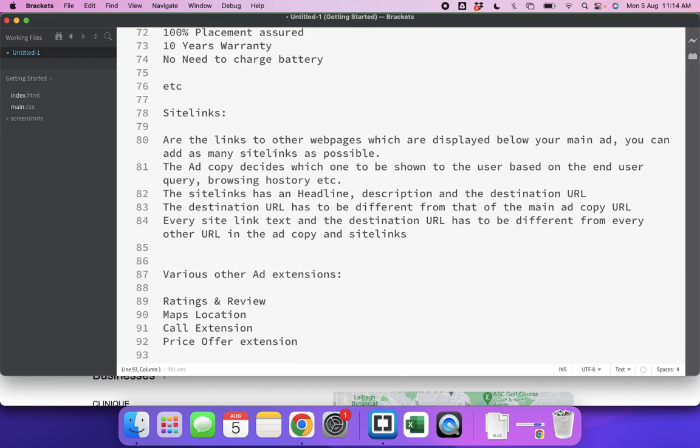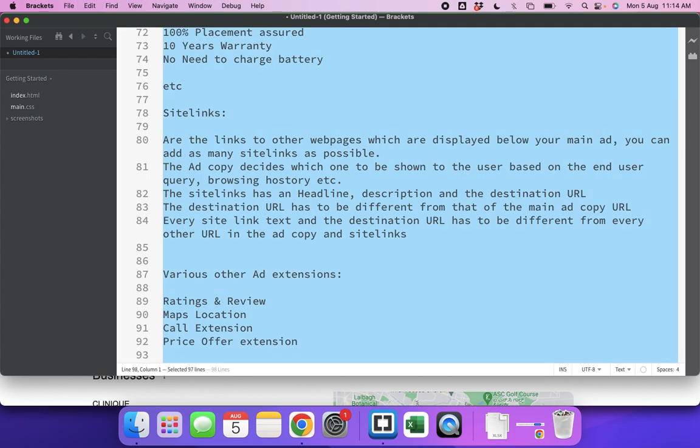That's a couple of other extensions along with your ad copy.